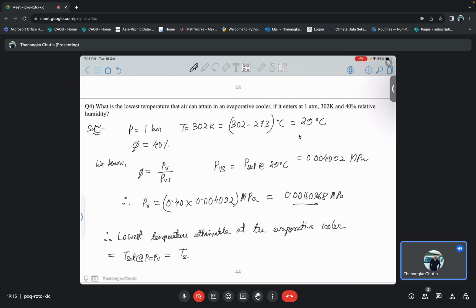That means T saturation at 0.00160368 megapascal, and if you go to the steam table, you will get this as 14.010 degrees Celsius.